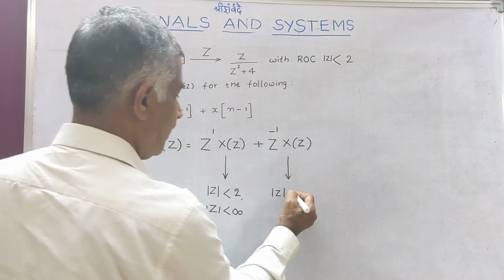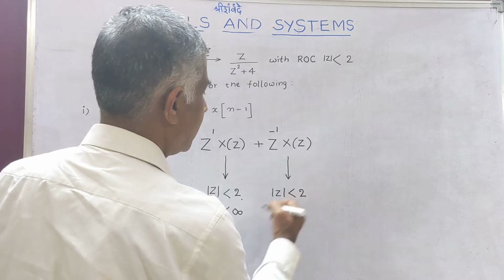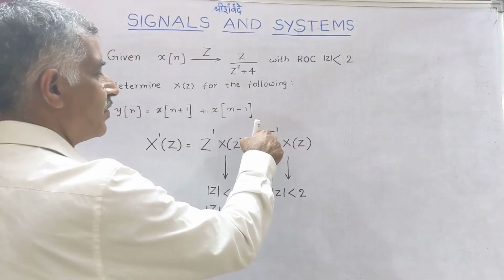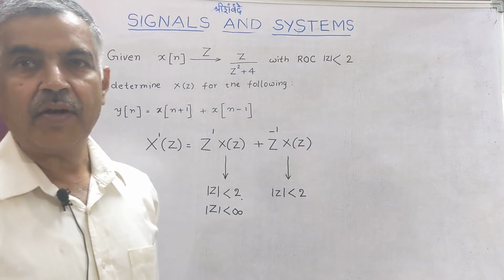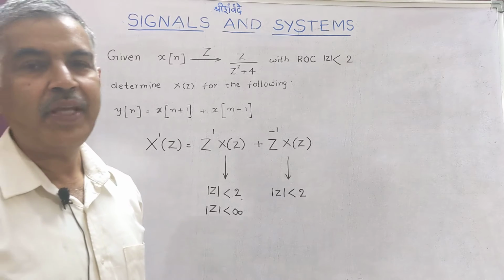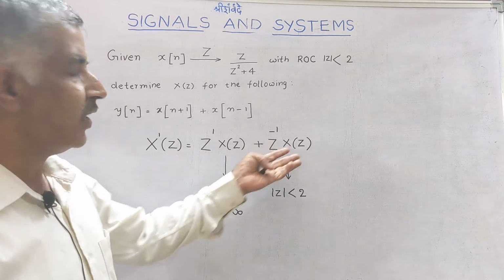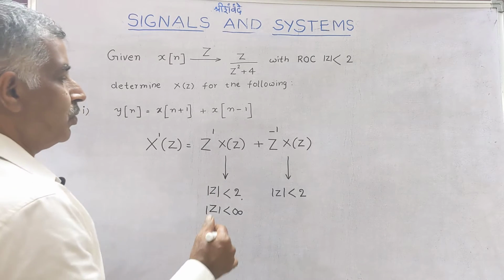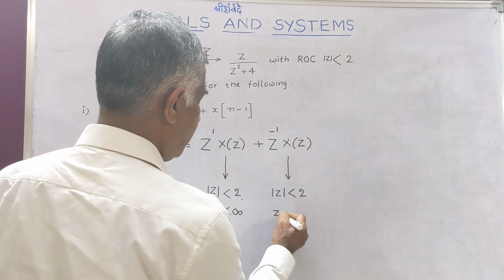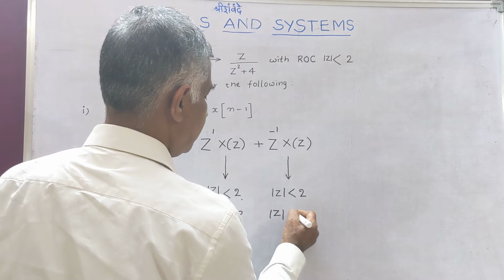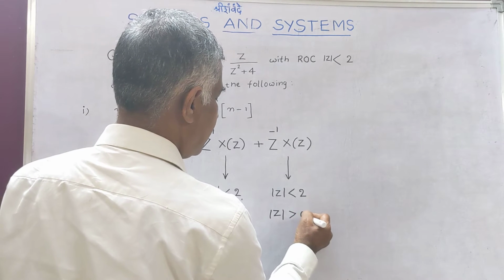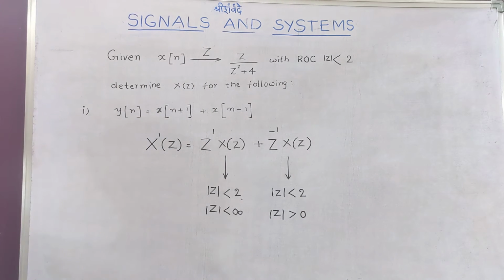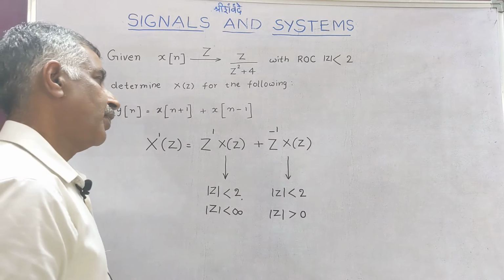Now mod z less than 2 as usual. Then if this z goes to the denominator, it cannot be 0. If it becomes 0, then it becomes infinity, so there is no convergence. So mod z greater than 0.